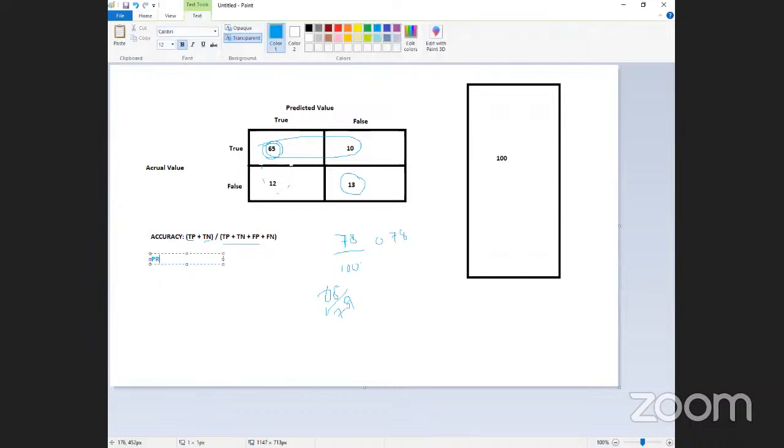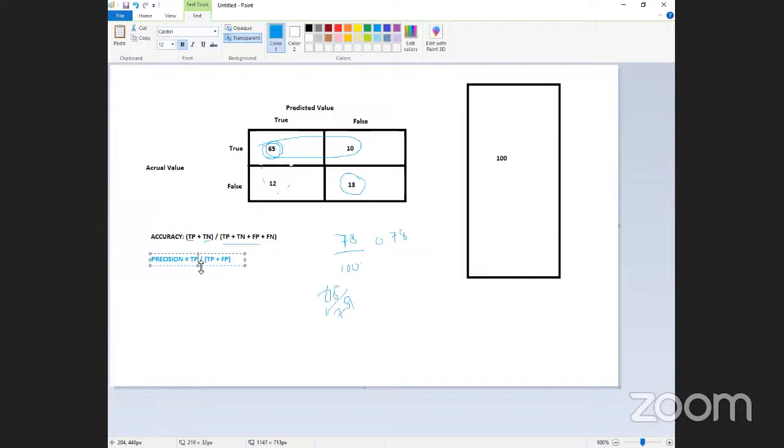Precision equals true positive divided by true positive plus false positive. In the precision, how much the algorithm identified accurately and how many accurate values, actual values, are there.